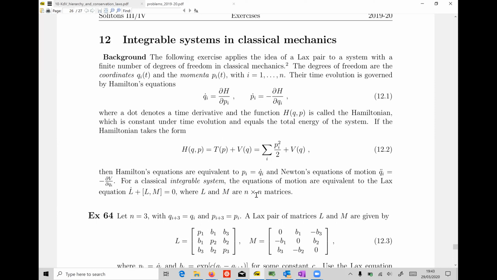So the Lax equation is an equation for two matrices L and M of size n. They can depend on time, and the Lax equation says that the time derivative of L is equal to the commutator of M and L.